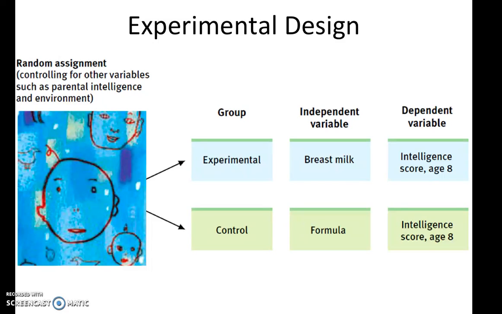What they are going to manipulate is the second thing, and that is whether they have the breast milk or whether they're formula fed. So the dependent variable is what they're at the end looking for, the result. The independent variable is what they're doing or changing in order to affect the result.